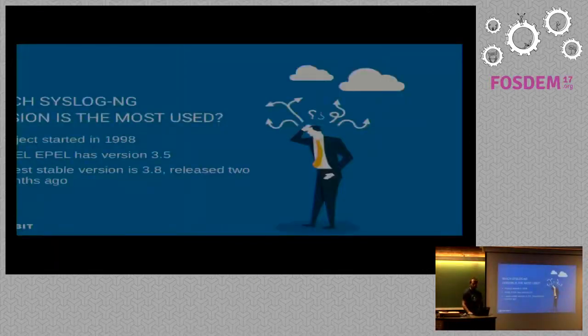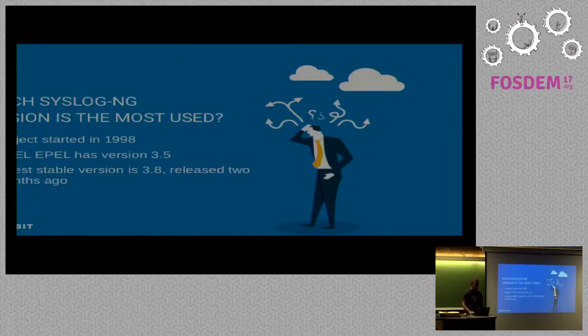Here comes a tricky question. For those who don't check my slides right now, I mean on a phone or so, which syslog-ng version is the most used? Do you have any idea? The project started a long time ago. Red Hat has version 3.5.